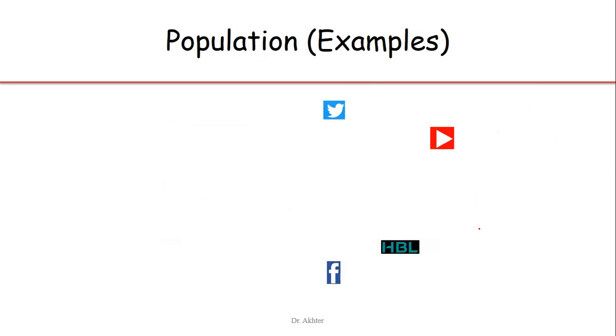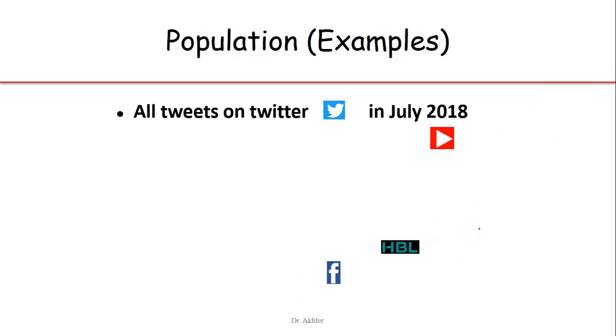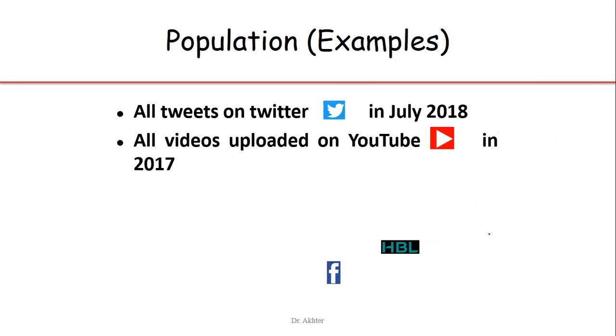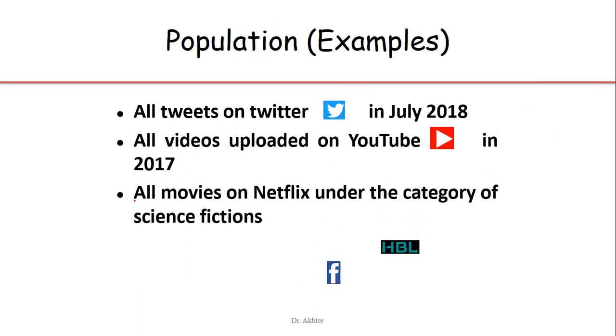We have a few examples of population. All tweets on Twitter in July 2018: this is the population of tweets. All videos uploaded on YouTube in 2017: we can assume it as a population of videos in 2017. We are interested in all movies on Netflix under the category of science fiction.